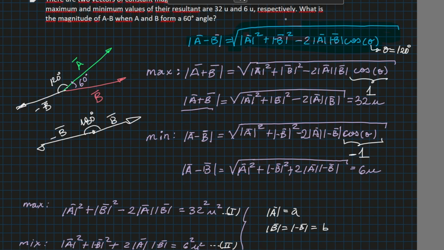Well, if we see the problem, it says what is the magnitude of a minus b when a and b form a 60-degree angle. So yeah, this is the expression.